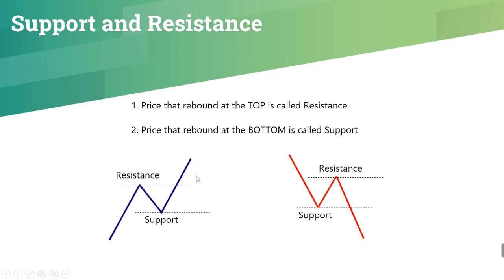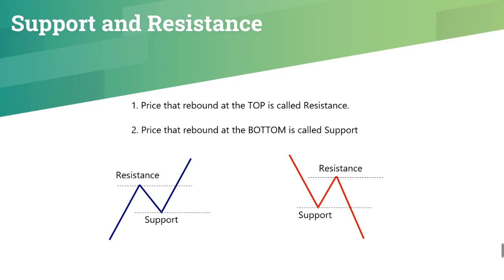The ball will bounce and bounce and bounce. And similarly, if the floor has a hole and the ball went through, then it will keep bouncing again, where your support has become a resistance in this case. So it is very, very easy to understand, and this is a simple explanation of support and resistance.